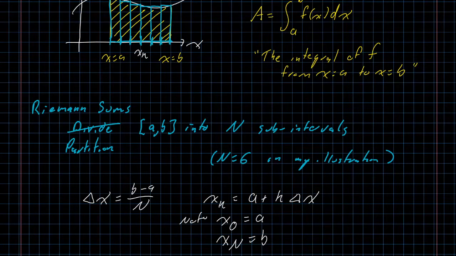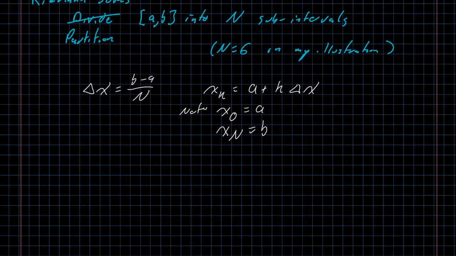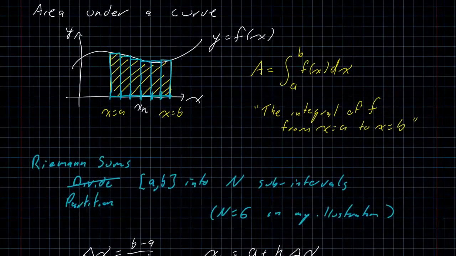how many of these steps we want to move over is xk. Then we can figure out the height of the rectangle. Actually, let me stay up here and talk about it, and then I'll go back down and draw it out. Right? At xk, the height of this rectangle is our function evaluated at xk.